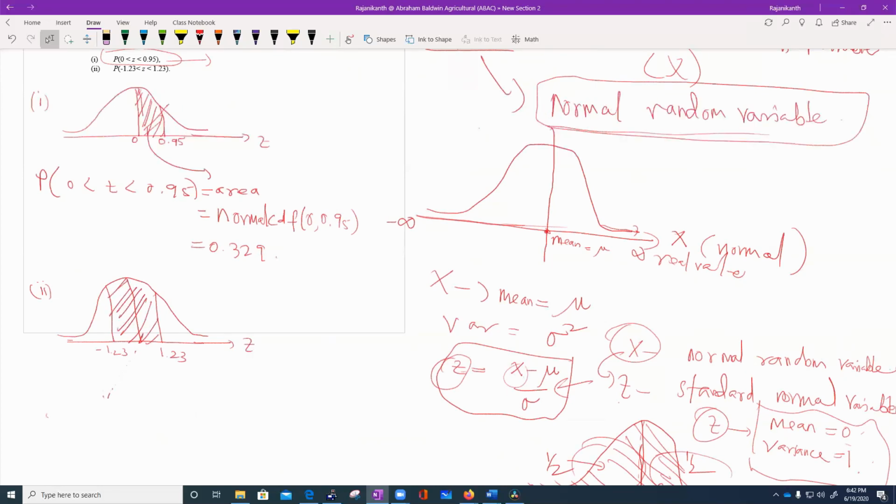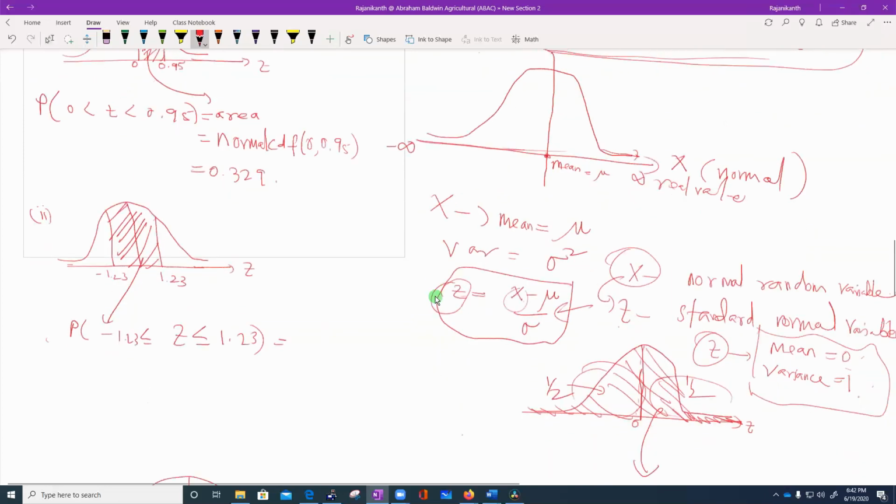So the probability of being between two values, negative 1.23 included or not, doesn't matter, is simply, what is that in terms of normal CDF? Normal CDF area with two bounds, negative 1.23 comma 1.23.